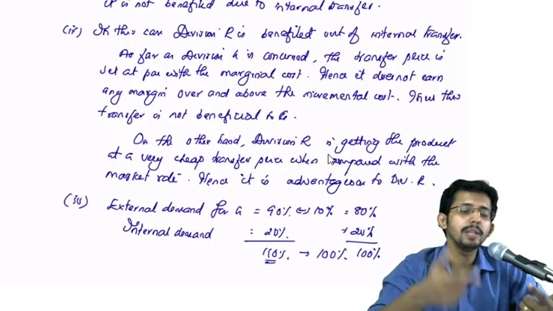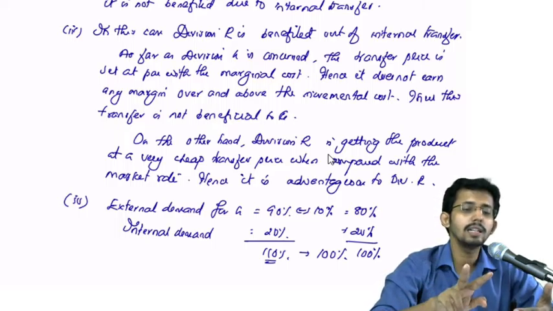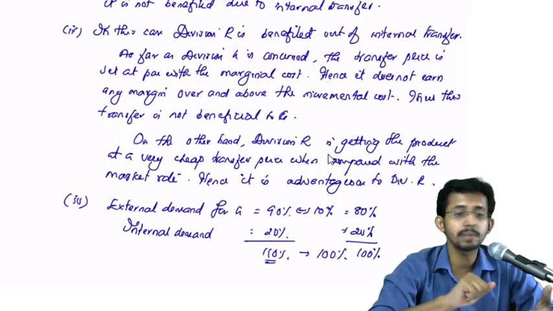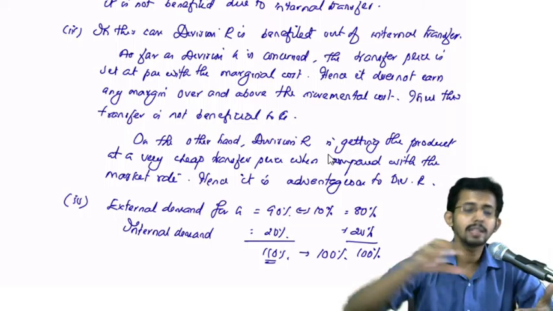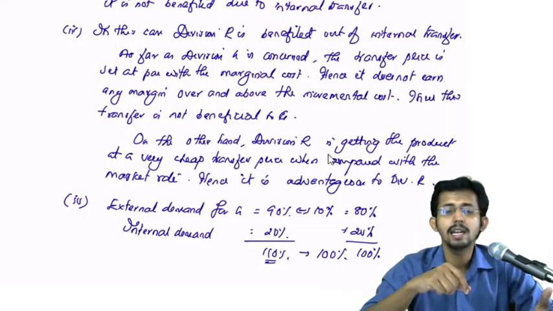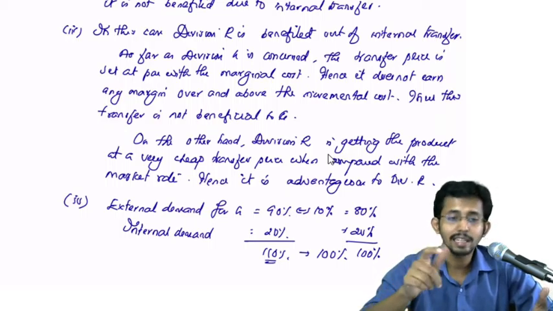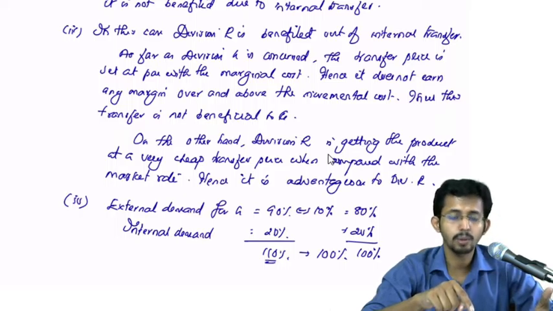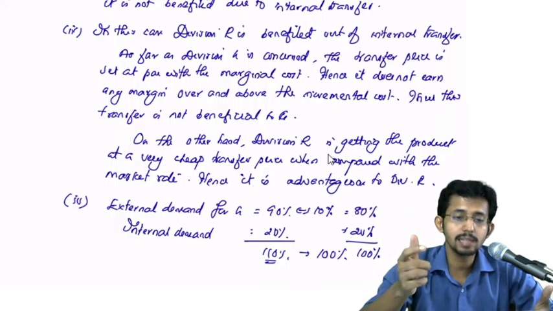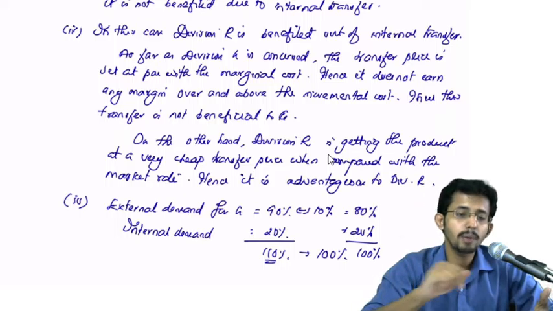Not only that, when you resort to internal transfer, you are getting additional 10% sales. Because total requirement for internal transfer is 20%. So 10% you are losing from external market share, but as far as the internal transfer is concerned, you are getting 20% additional. So the net effect is 10% benefit for division G. And for that additional 10%, they are getting which rate? Market rate. So that will increase their profitability.